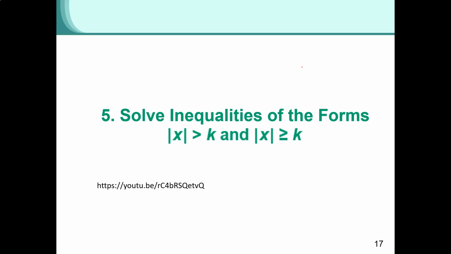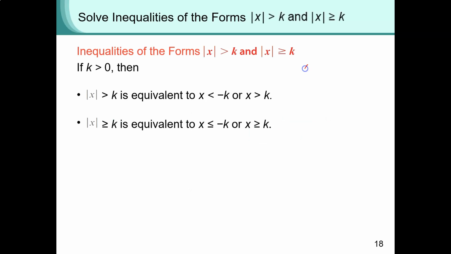Now we do the other way around. When the absolute value inequality has a greater or greater equal sign, we rewrite it into the OR condition, which means you rewrite it into two individual inequalities.